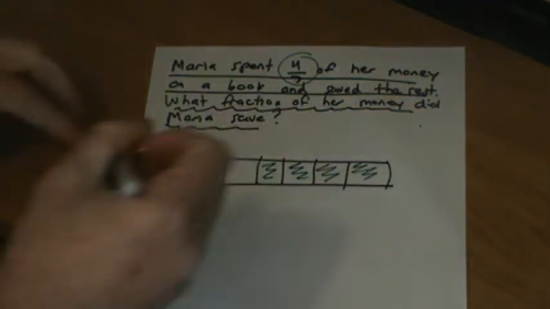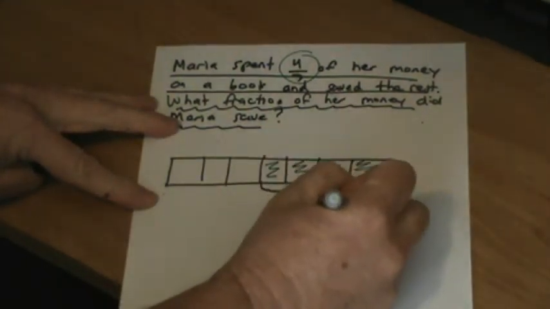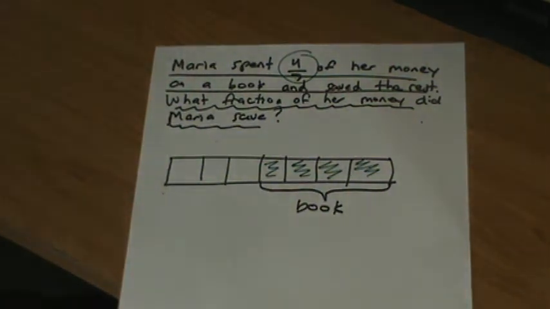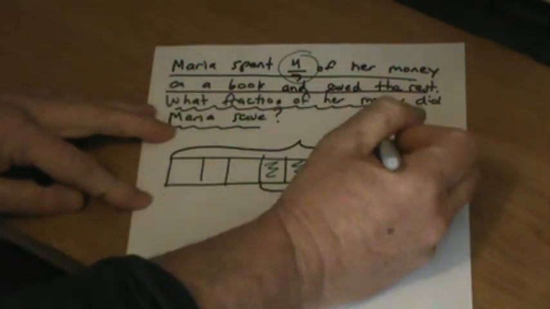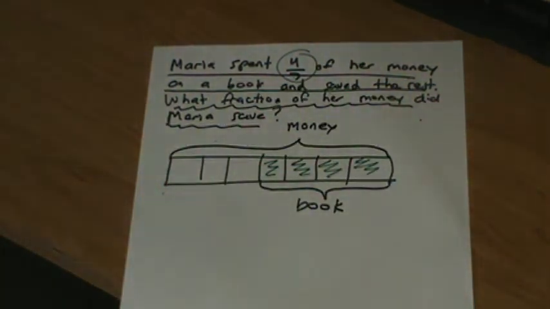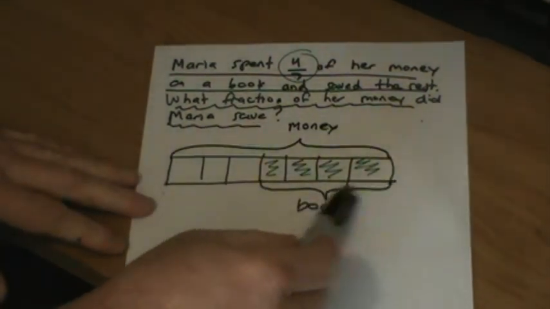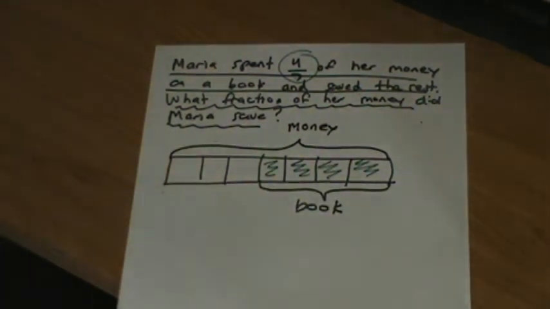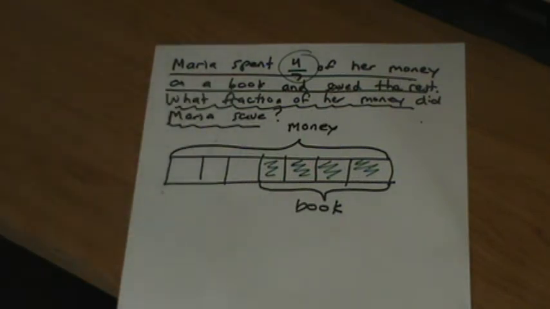And let's label this book. And the whole thing is money. We don't know what the exact amount is. We just know that this is her money. We broke it into 7 pieces and she spent 4/7 of that on a book. The question is, what fraction of her money did Maria save?